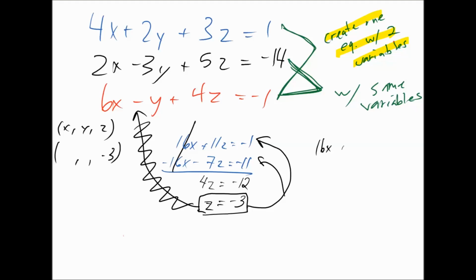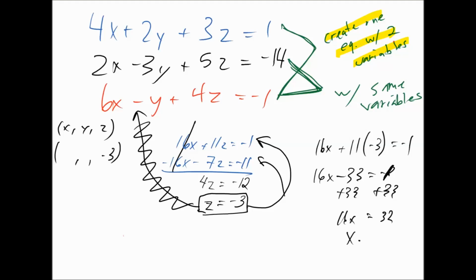16x plus 11 times negative 3 equals negative 1. 16x minus 33 equals negative 1. Add 33. 16x equals 32. X equals 2. Now we can take that x and that z and plug them both into one of the first equations at the top, because we can get y in that way.